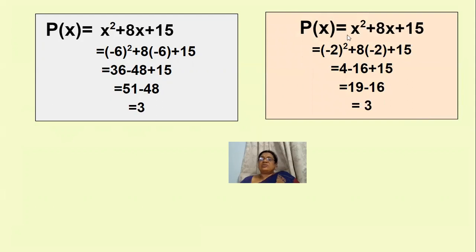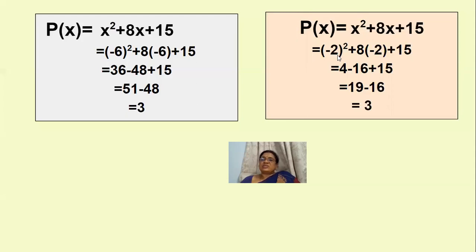See here, also the same expression. In this I have taken the x value as -2. The same thing is repeated here also. So be careful. In the first step you put brackets in place of x, and then you put -2 in place of x. Then there will be no confusion.